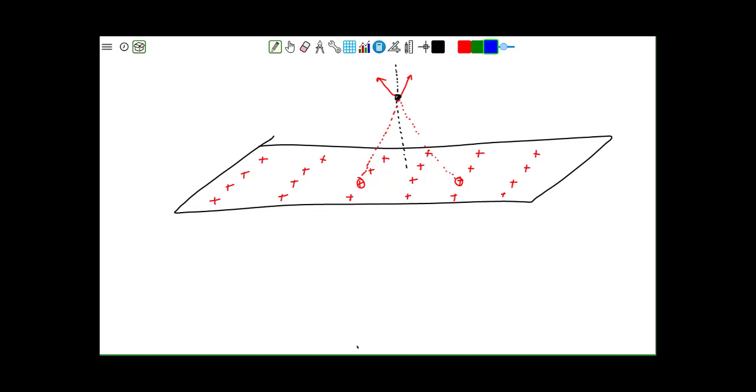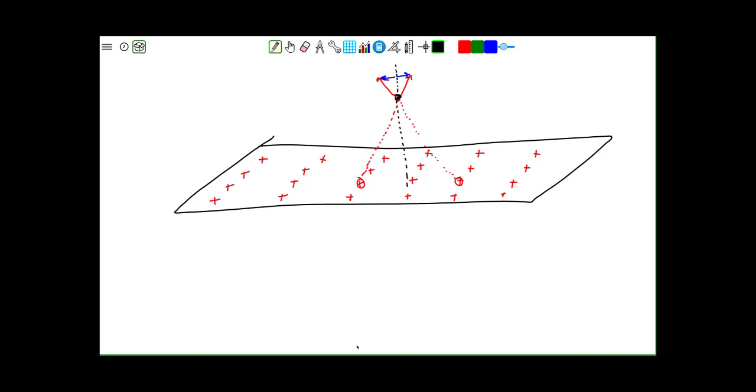And the horizontal components of these electric fields will cancel because of that symmetry about that line on which that point lies.